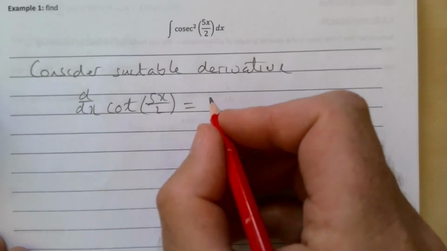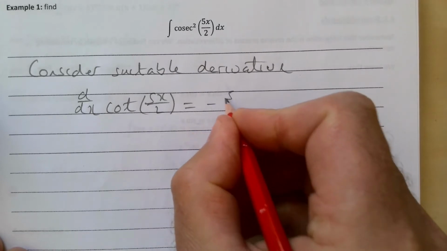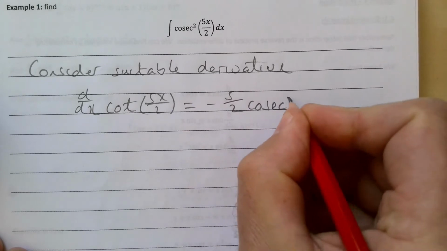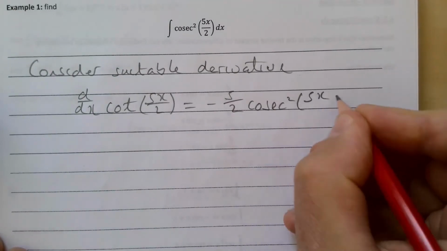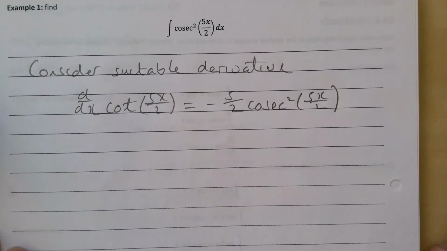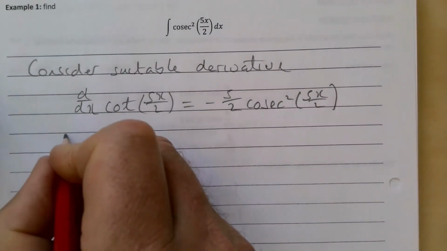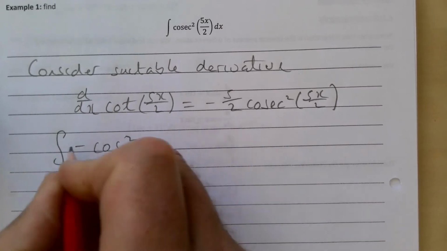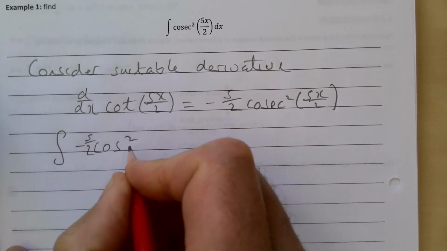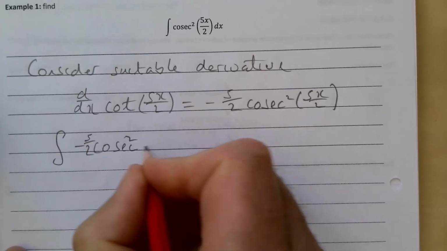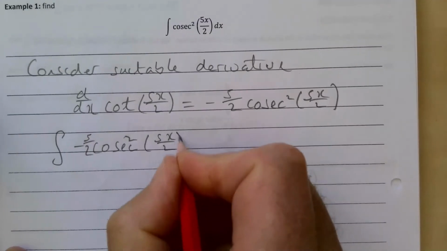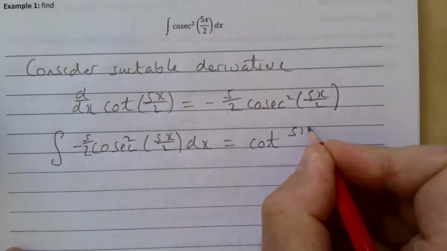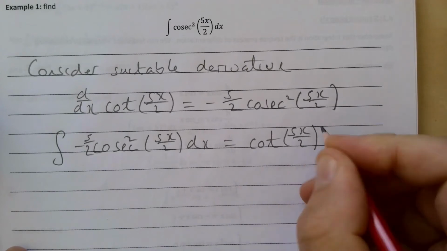You end up multiplying, but effectively it's going to be minus 5 over 2 cosec squared 5x over 2. That means if I integrate minus 5 over 2 cosec squared 5x over 2 with respect to x, I would get cot 5x over 2 plus c.